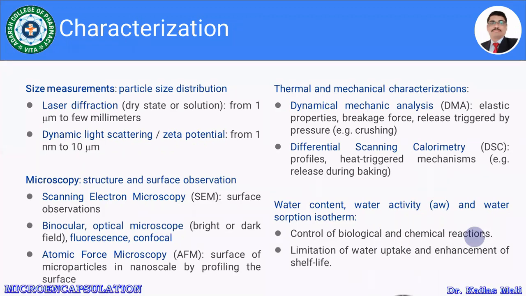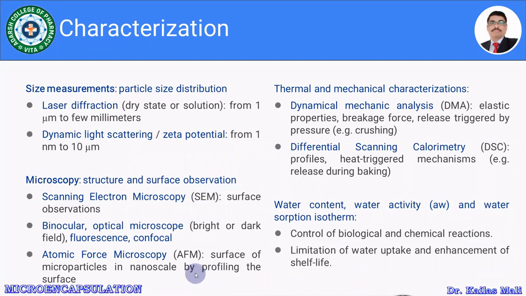And we are supposed to stabilize the system, to get good stability of the product, we are supposed to limit the water uptake, and thereby it is possible to enhance the shelf life of the product. So we are supposed to determine the water content of the product by using a suitable method.